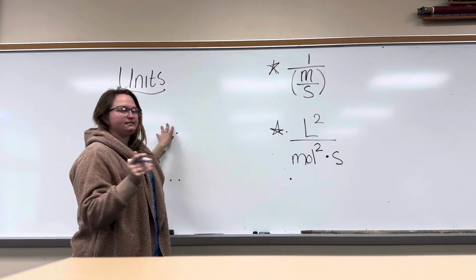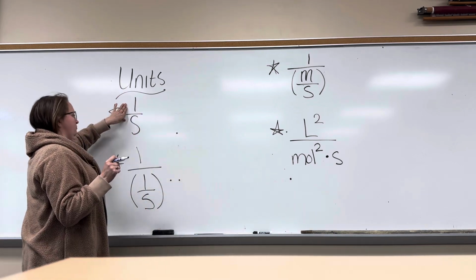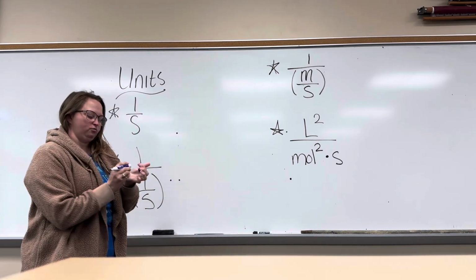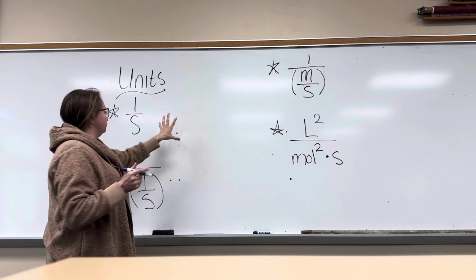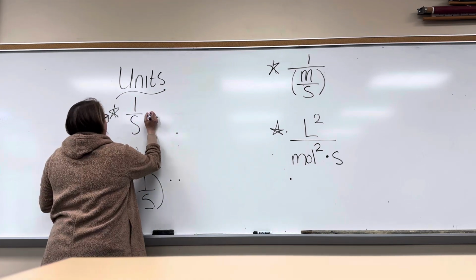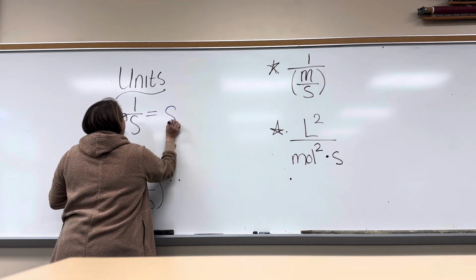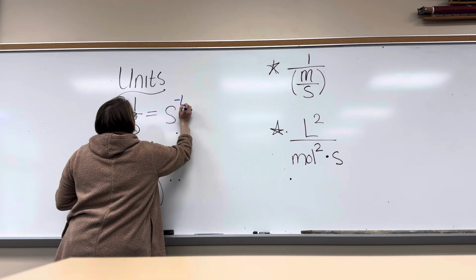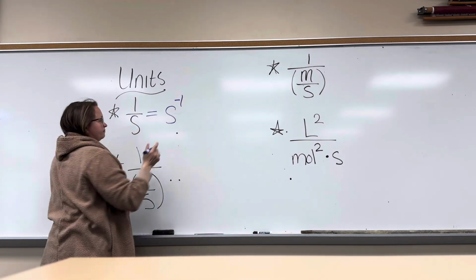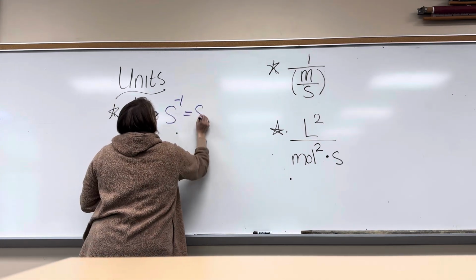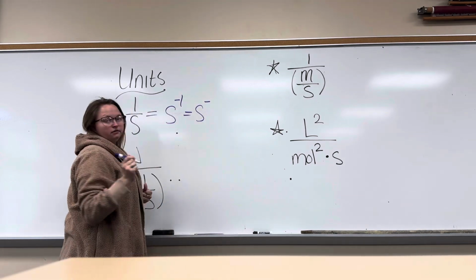Once again from last lesson, from a mathematical property, 1 over s is the same as s to the negative 1, also called s to the negative 1.